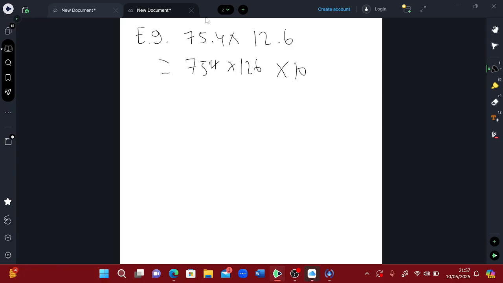So how many decimal places have we moved from 754 to 75.4? You've gone back by 1, so it's -1. Likewise with 126, how many places have you moved back? 1 place there. So it's going to be another -1, so it's -2. So whatever answer we get here, we're then going to move 2 decimal places back.